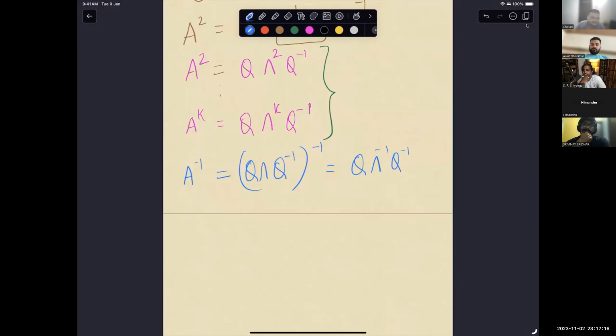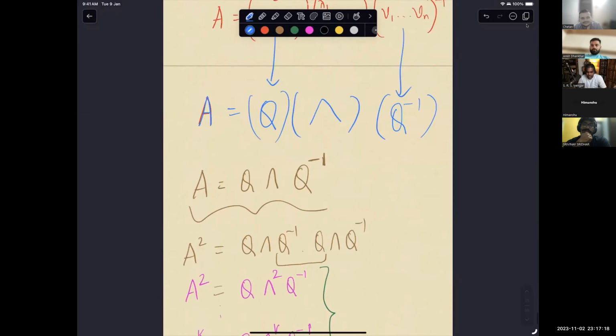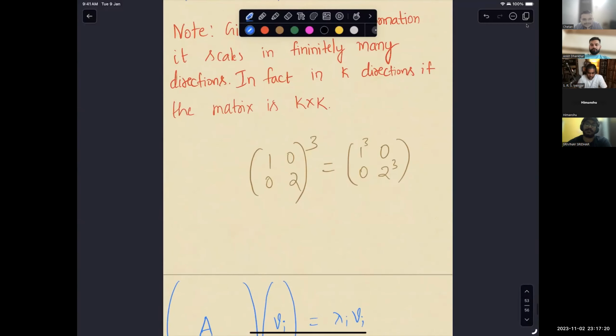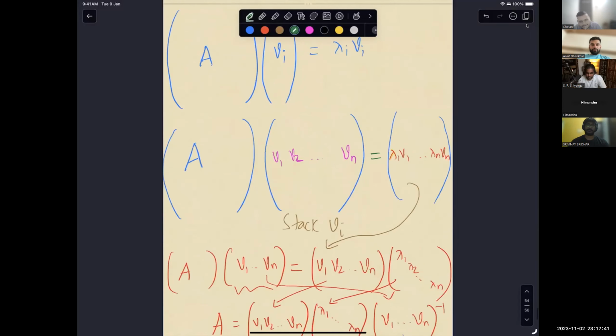That's all. This again is the same as this, so inverse of this will be the inverse of this and this. So life becomes very easy.